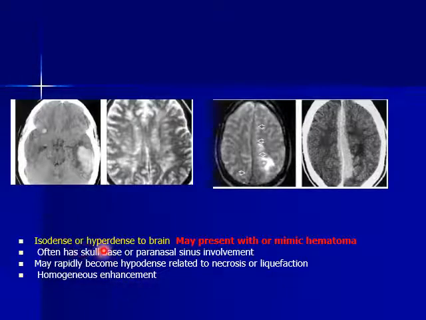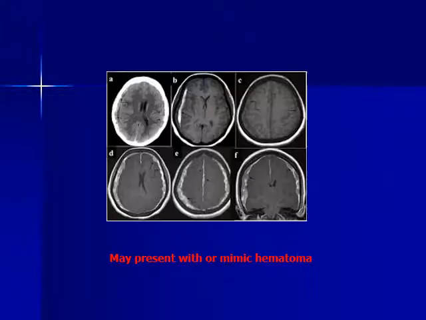So isodense or hyperdense lesions to the brain may present with or mimic hematomas. Okay, take care that we can see skull base and paranasal sinus involvement. Look for this patient, okay, as if we have subdural hemorrhage here, but there are subtle isodense lesions along the meninges.